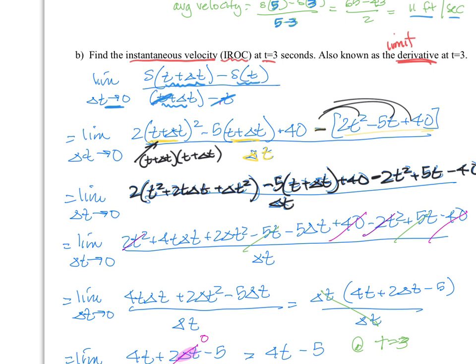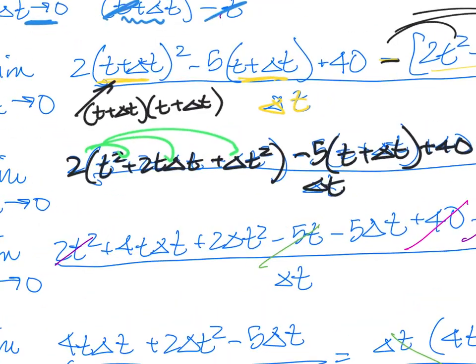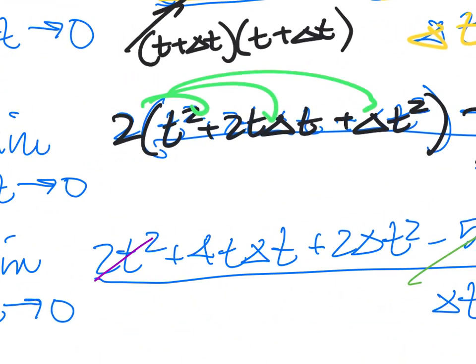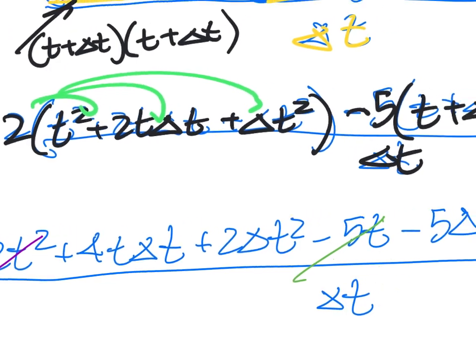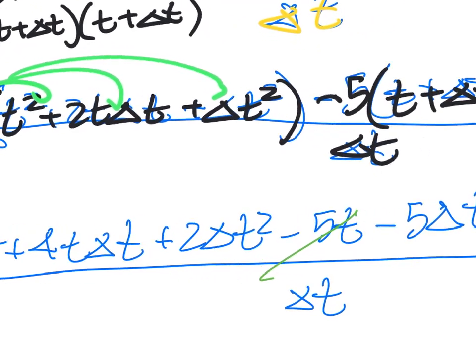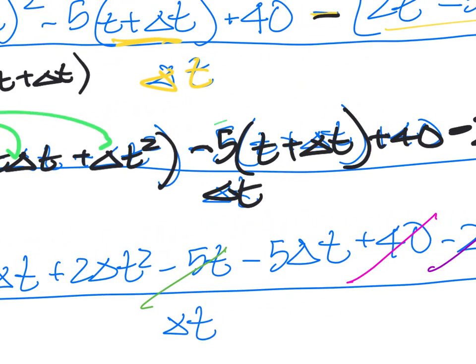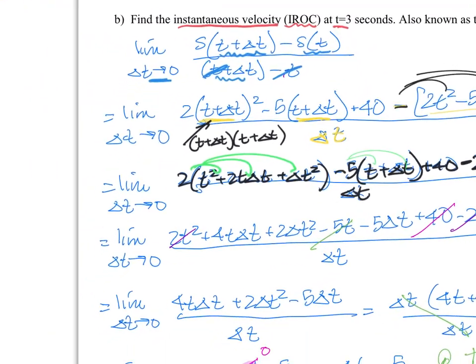Now, the next thing that happened is this was distributed. So we have the 2 right here. We have the 2t squared plus the 4t delta t plus the 2 delta t squared. We also distribute the negative 5. So we get negative 5t minus 5 delta t. And then we have that 40.